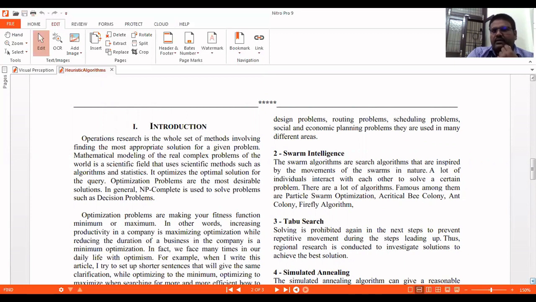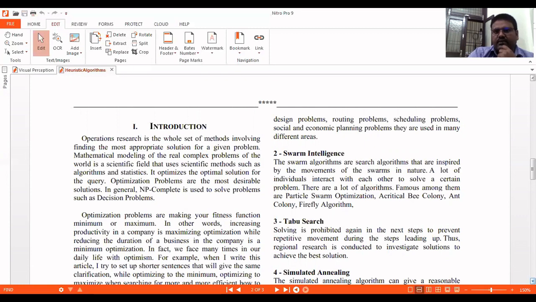Second is swarm intelligence. This is also a type of heuristic algorithm. These are search algorithms inspired by the movement of swarms in nature, where a lot of individuals interact with each other to solve certain problems.